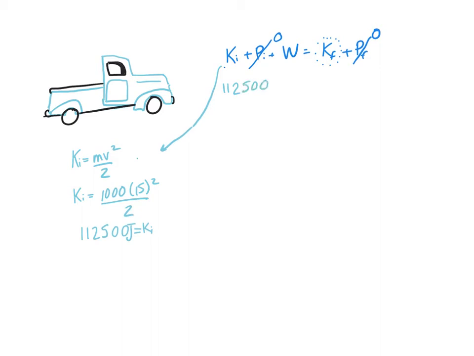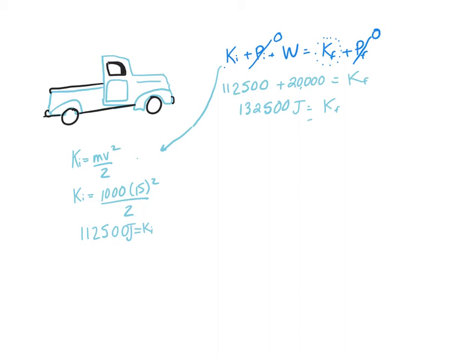All right, so we're going to plug that back in. 112,500 plus our work, 20,000, equals our K final. We add those together and get this big number. What can we do with that?